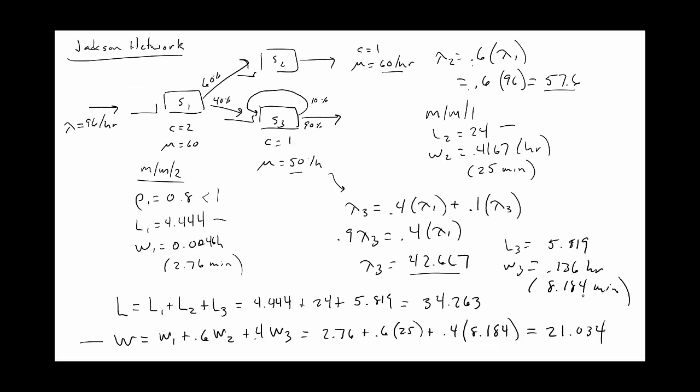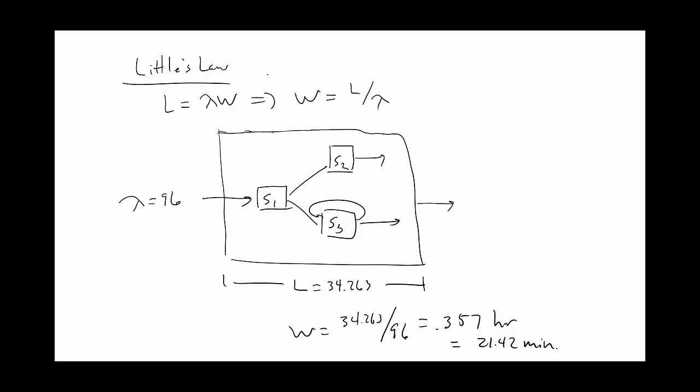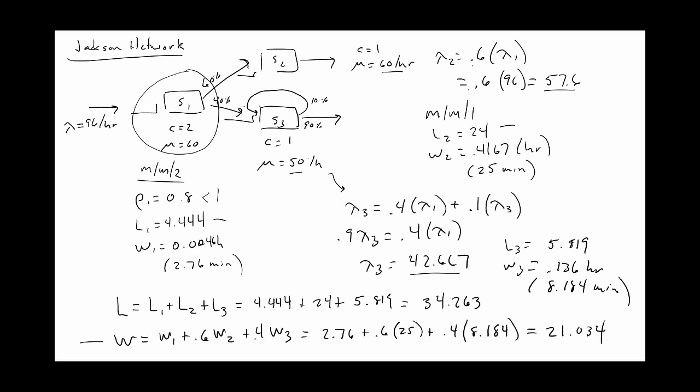So what we end up doing, as I mentioned earlier, with the Jackson network, is we disaggregate our system. So we divide our system up into, here's a subsystem, here's a subsystem, here's a subsystem, then here's a subsystem, and analyzing these independently and then aggregating the results.